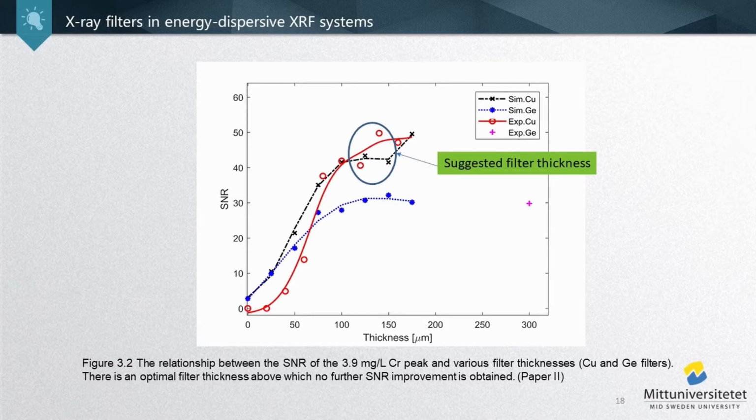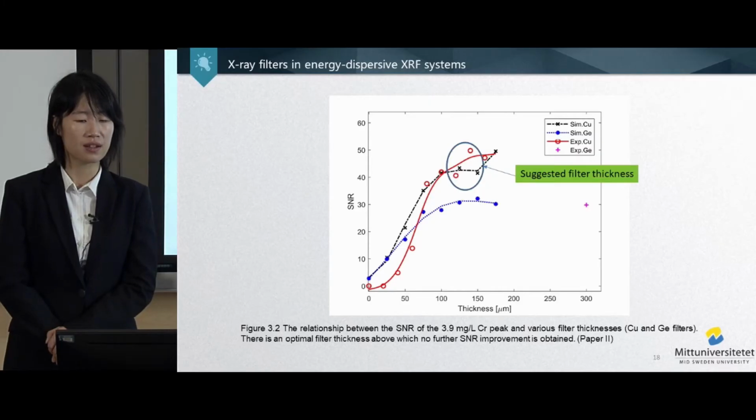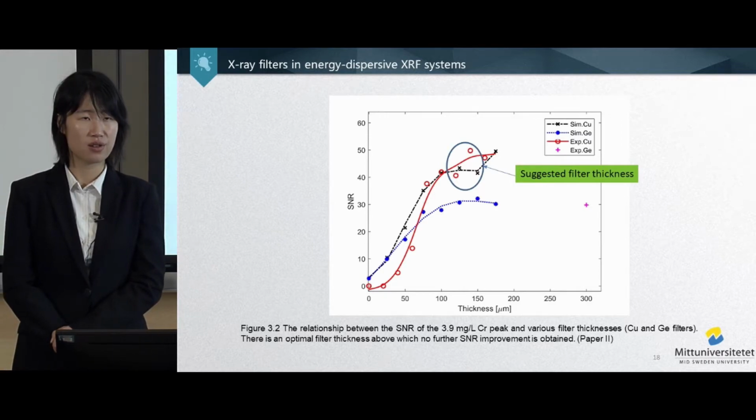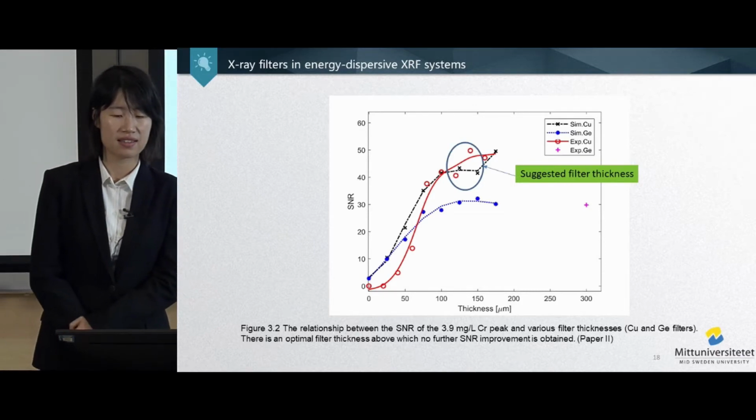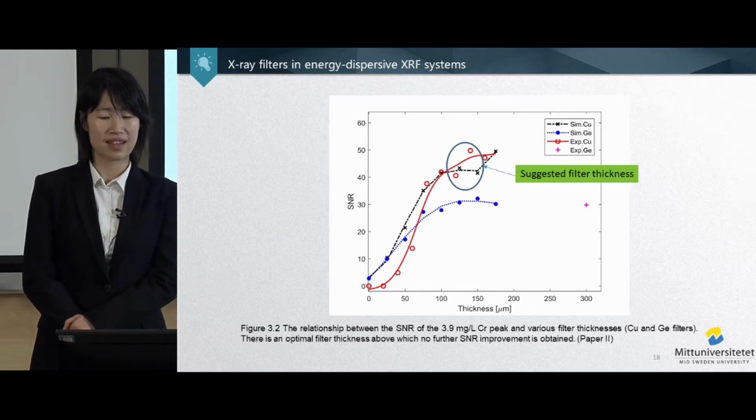For both materials, the SNR increases with the filter thickness and reaches a saturation value. However, the intensity of the X-ray beam decreases exponentially with the filter thickness increasing. So there is a trade-off between a high SNR and a short measurement time.